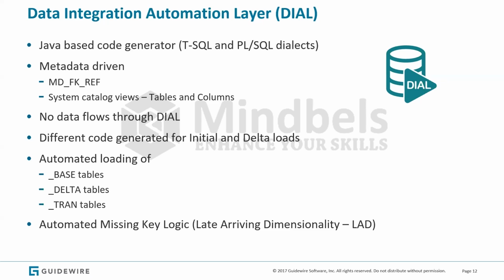So we get the policy numbers, but we do not have other data. They are defined as LAD records. Is it like the dimension information not available at the time the transaction comes in? Yes, right. You're right.